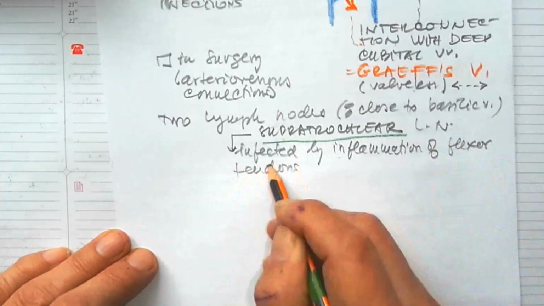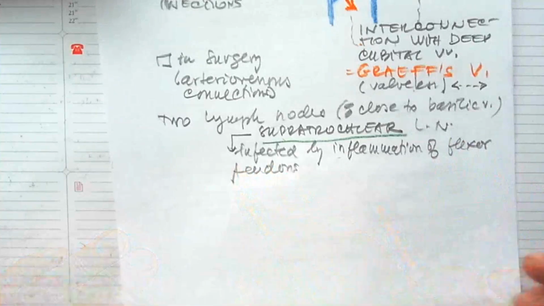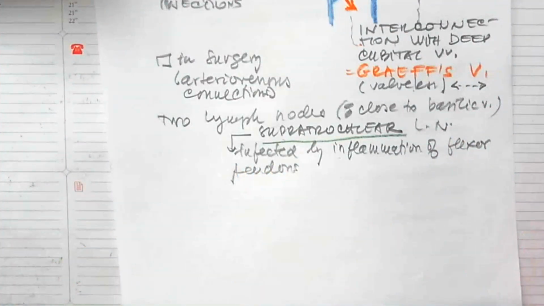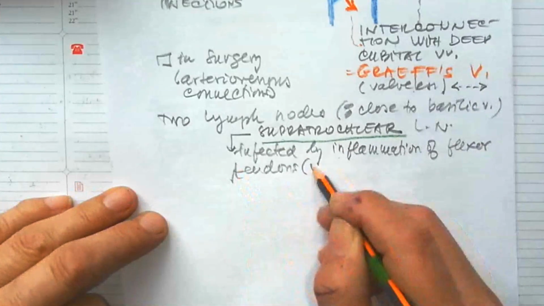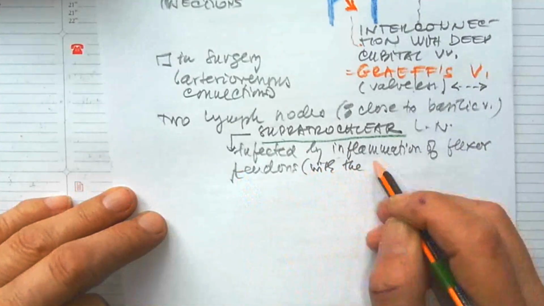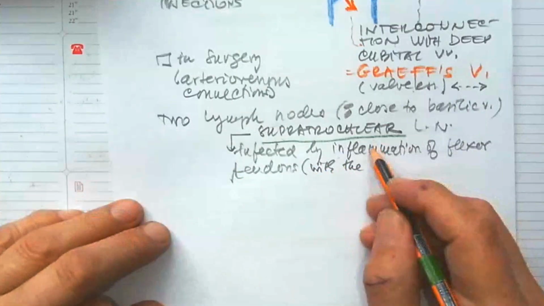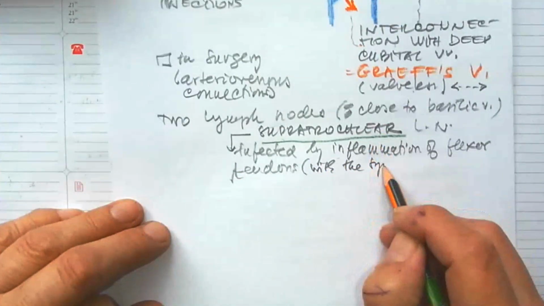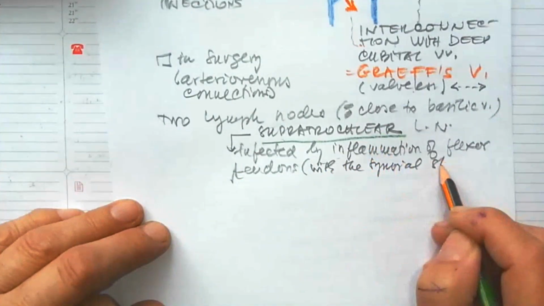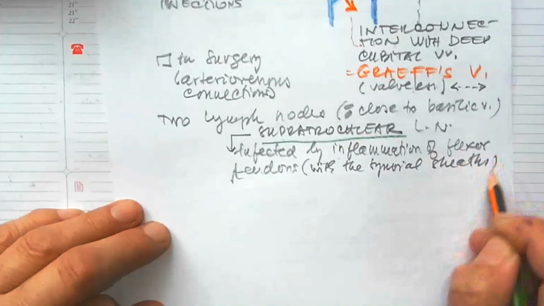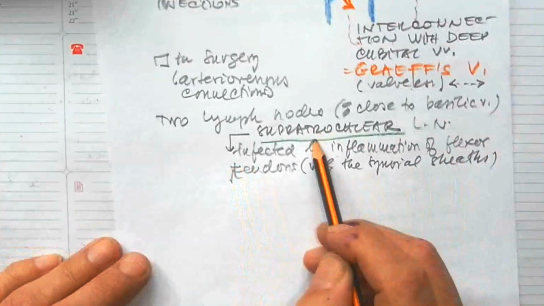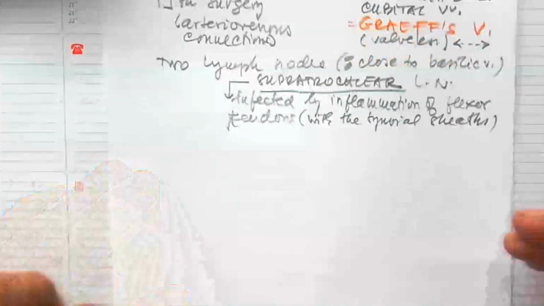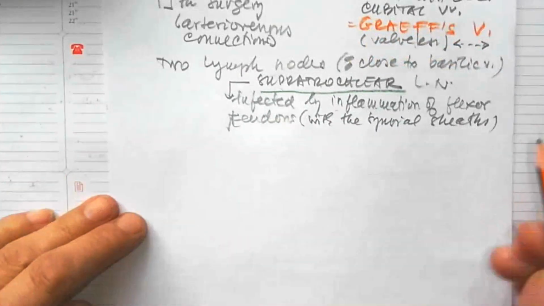We know that flexors and also extensors are covered, the tendons are covered close to the carpal region and hand. I would say flexor tendons with the synovial sheath. So this infection of these tendons usually affects the supratrochlear lymph nodes. Then we can palpate bigger lymph nodes.